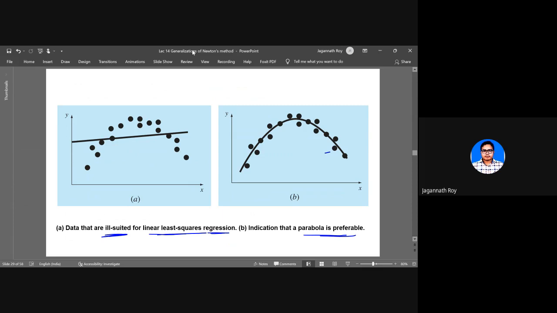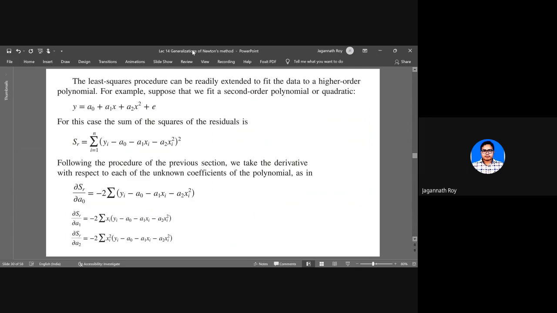So for that, what we have to do? This is more or less an equation of a parabola. An equation of a parabola can be ax square plus bx. So for that, again we will take the error term, and this is y minus all that, and again we will take the square term only.